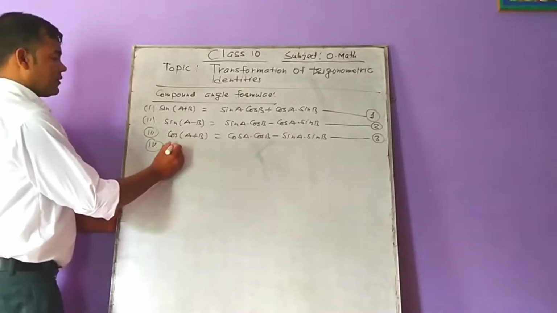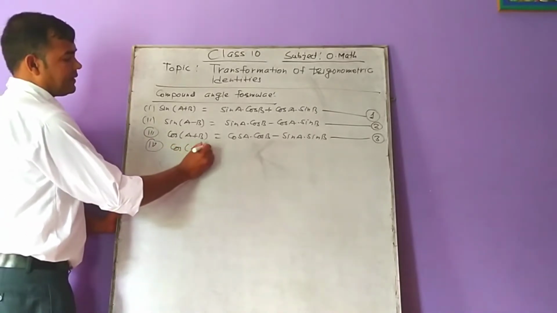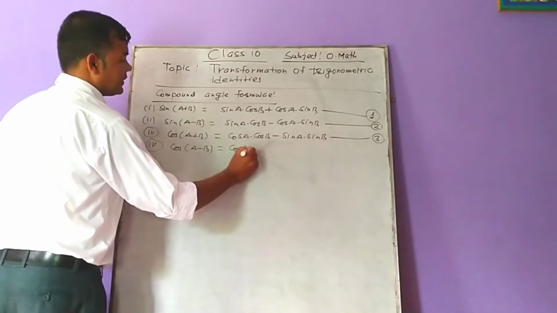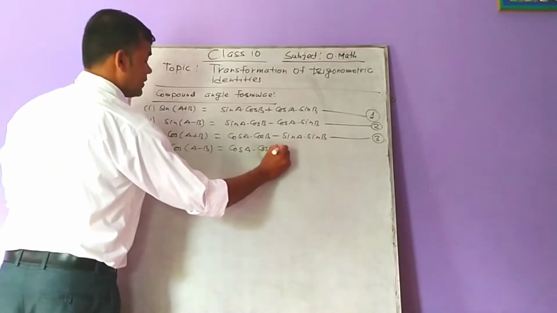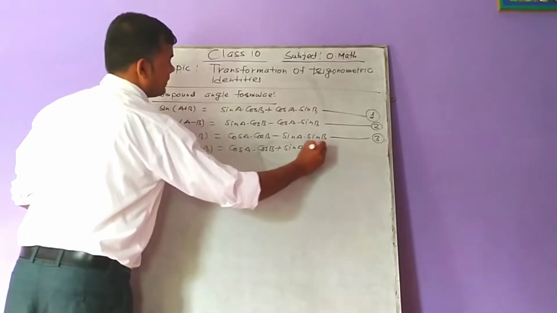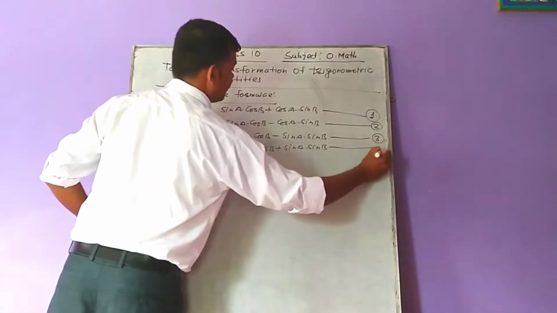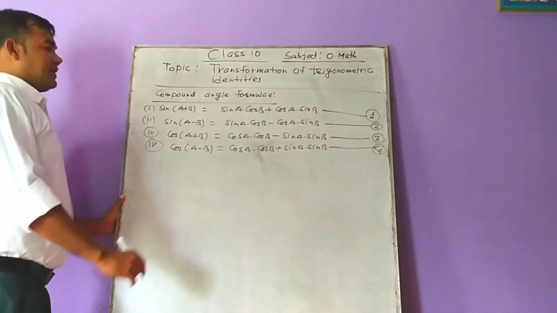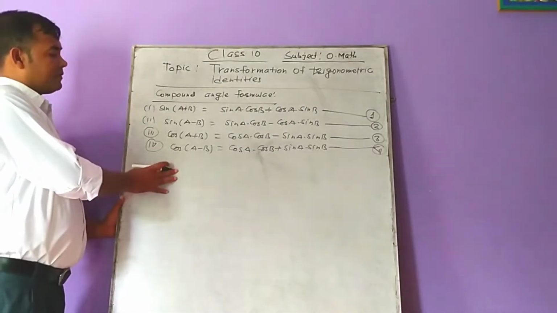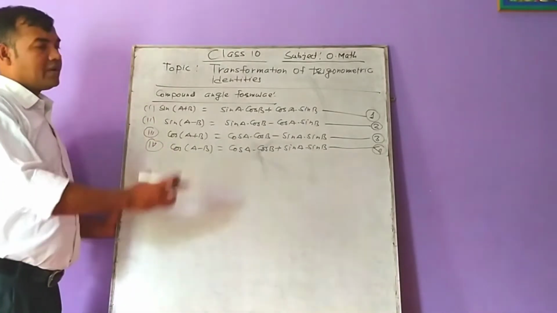And cos(A−B) = cos A cos B + sin A sin B. Identity number 4.